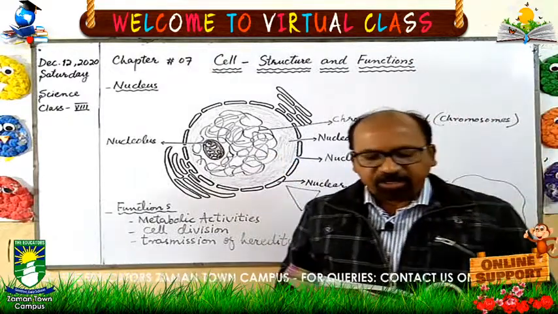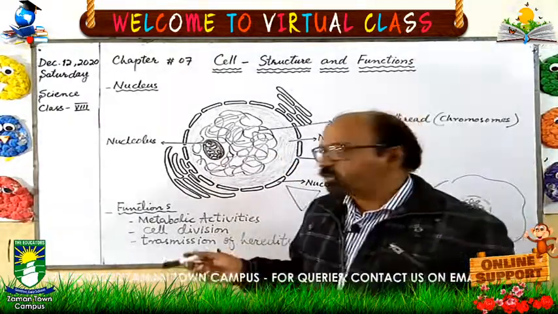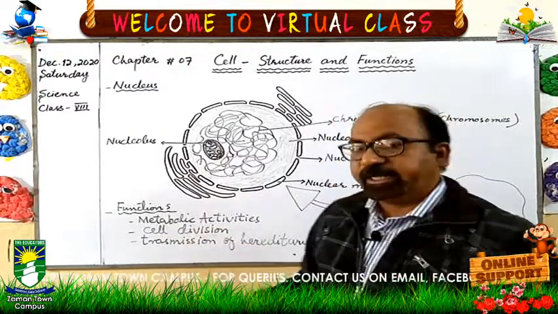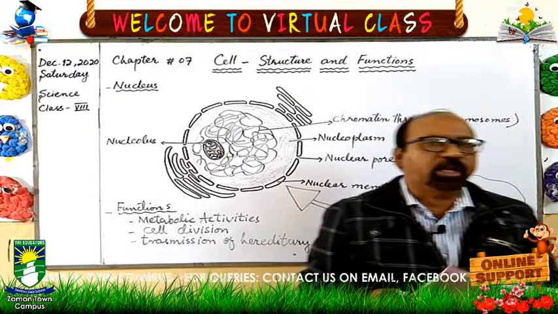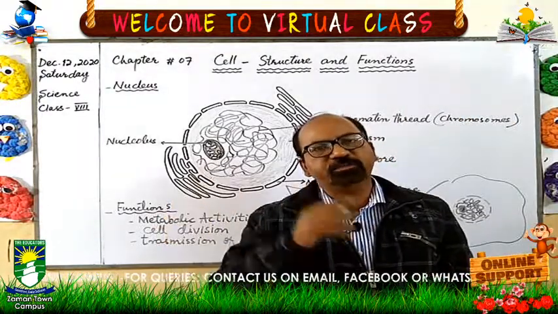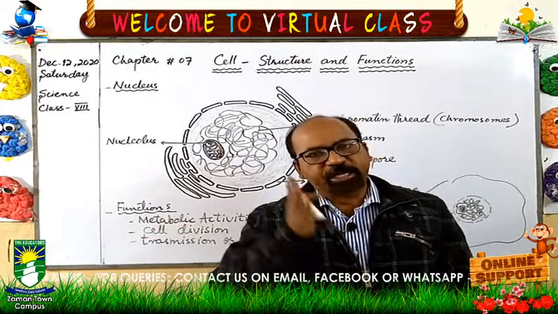So let's see the functions of chromosomes. Metabolic activities: they control all the metabolic activities. Metabolic activities means all types of reactions, all types of activities which are taking place inside the cell.